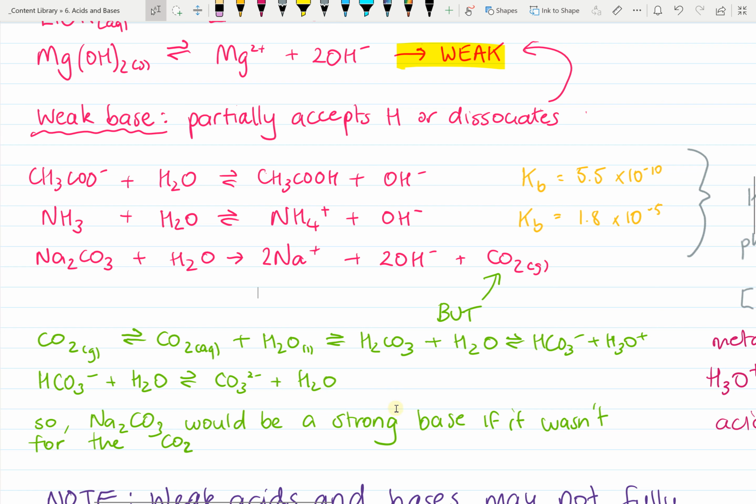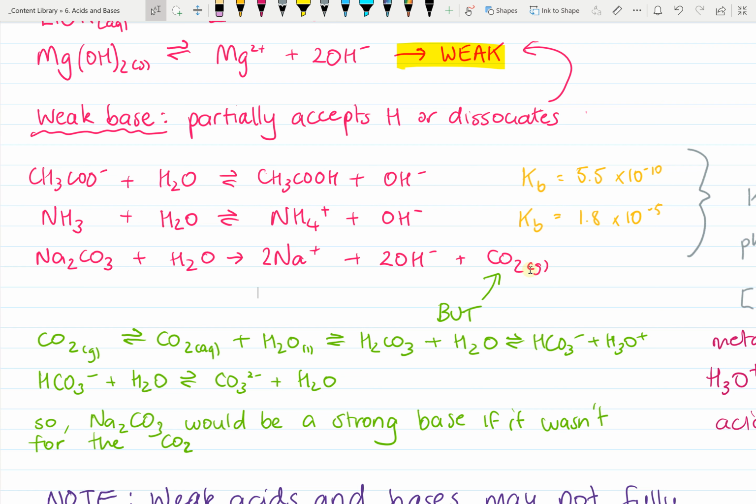But all I'm trying to get out of you is that the reason why metal carbonates aren't classified as strong bases is because they do this CO2, and if that wasn't there, it'd be a strong base. Because it's there, you get some acidic equilibrium happening, so your pH doesn't spike up into the high pHs like a strong base would.